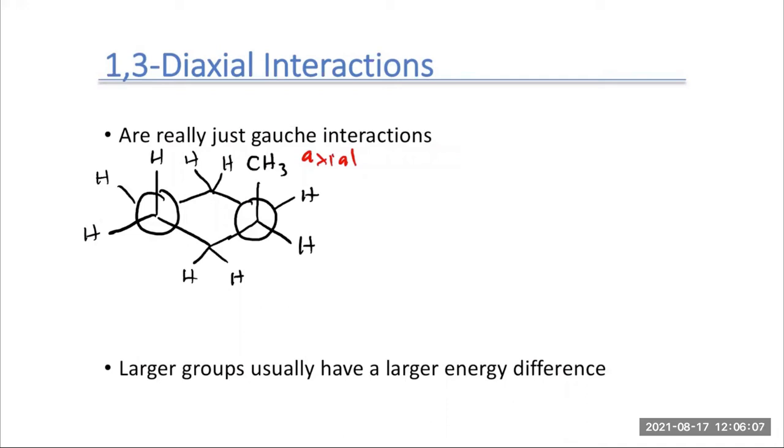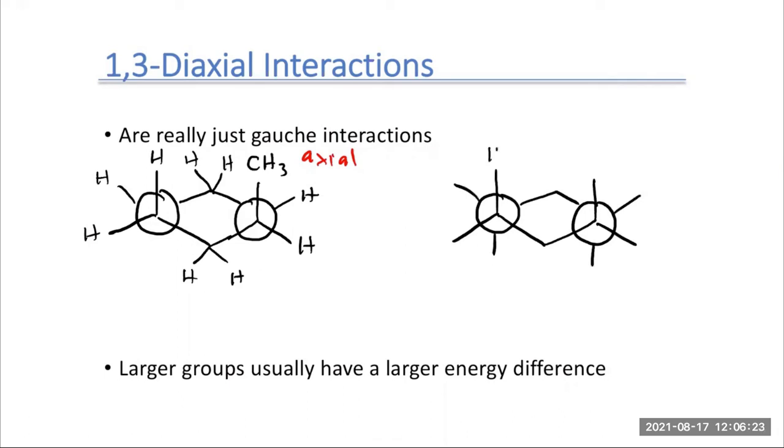And then if we had it equatorial, see when it's equatorial, that CH3 group is pointed away from the ring, is pointed away from everything.